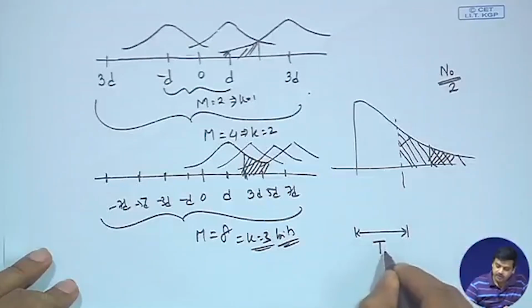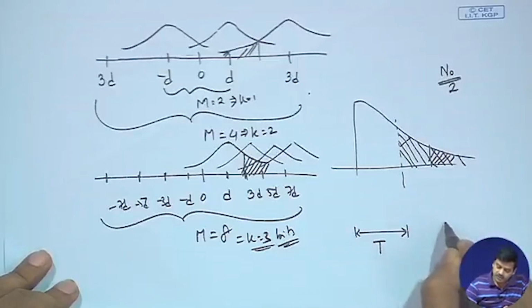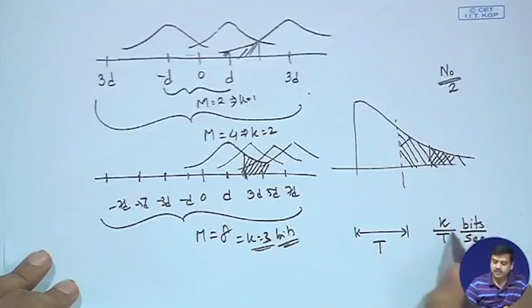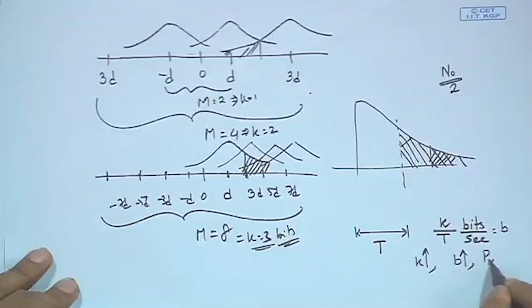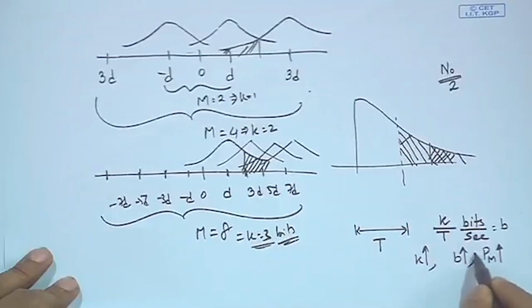If your bit duration T is constant, then your bit rate is k upon T bits per second. As k increases, bits per second increases. However, P_m also increases, that means probability of error increases. So, on one hand you have an improved throughput, but you have a poor error probability.